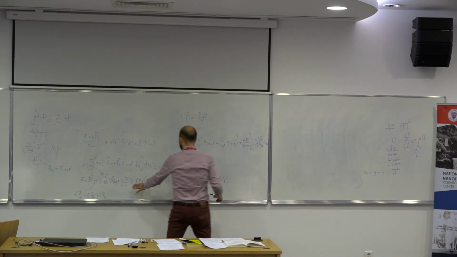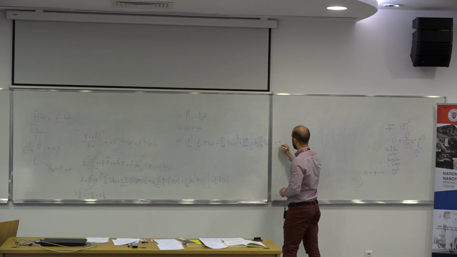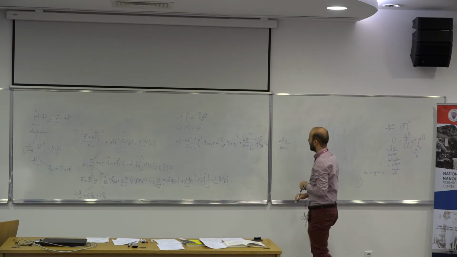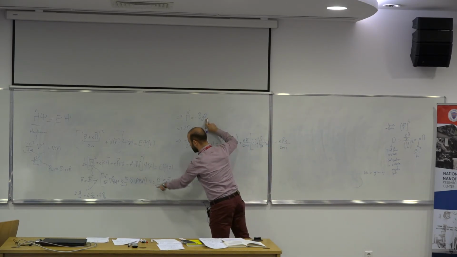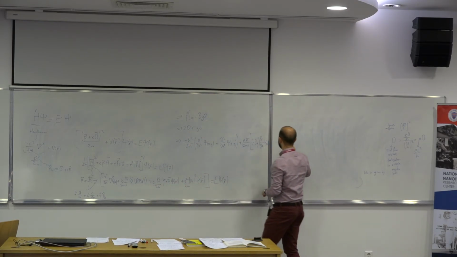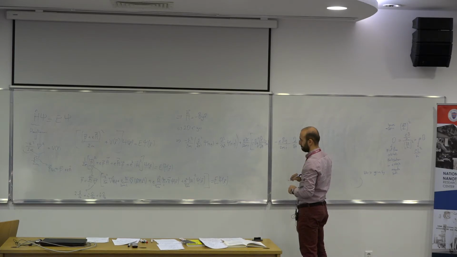So I'm done with this term. Let's move on to the next term. Plus e. Again, let me write down a minus here, because I'm going to write this guy 2m i. So only the x component will survive here again. So I'm going to have del by del x phi of x y. Okay.